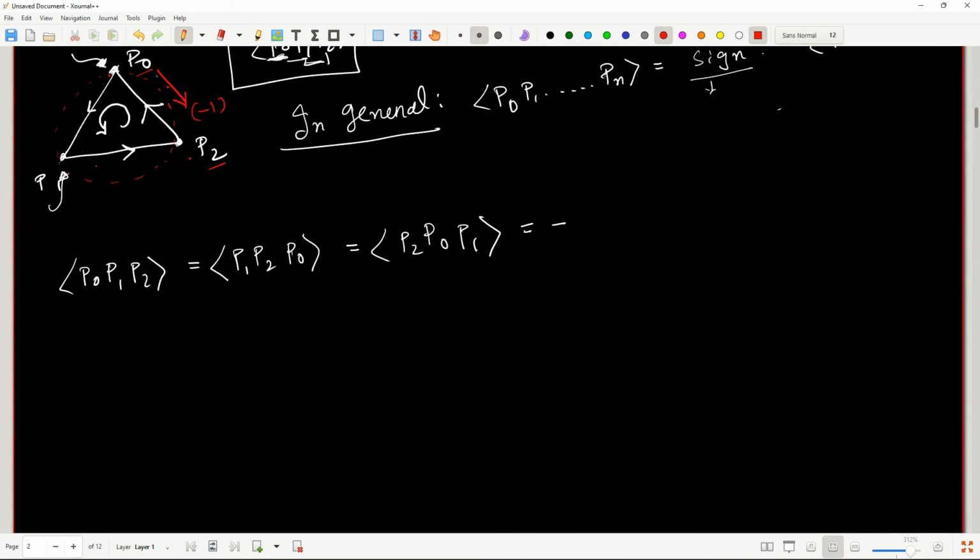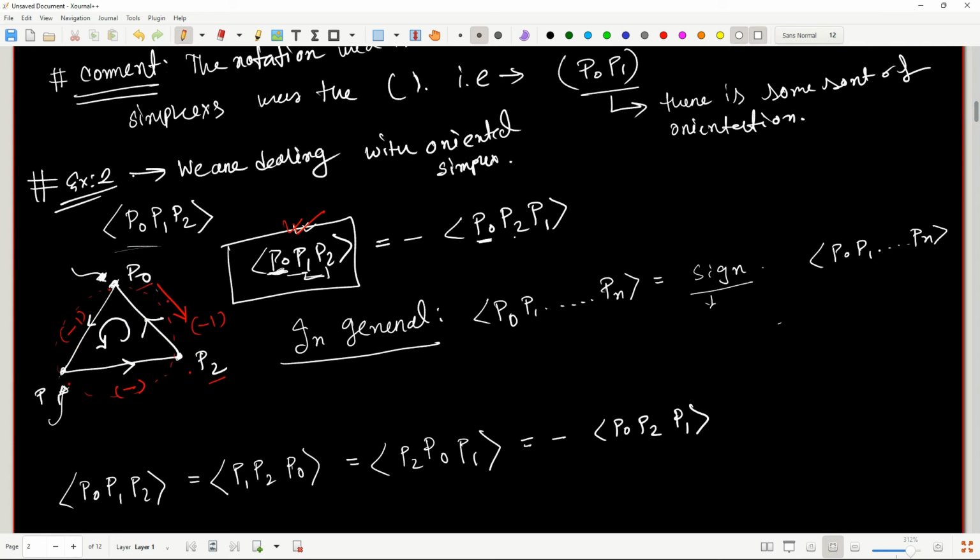I go from P2 to P1, I pick up another minus sign, and then finally I go from P1 to P0, so I pick up another minus sign. So in total there are 3 minus signs, right? So it's nothing but minus 1 cubed, which is just minus 1, and then I can write it as P0, P2, P1. And now you will realize that, oh, there it is.